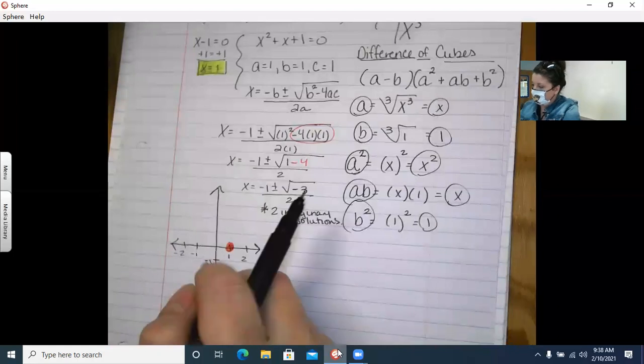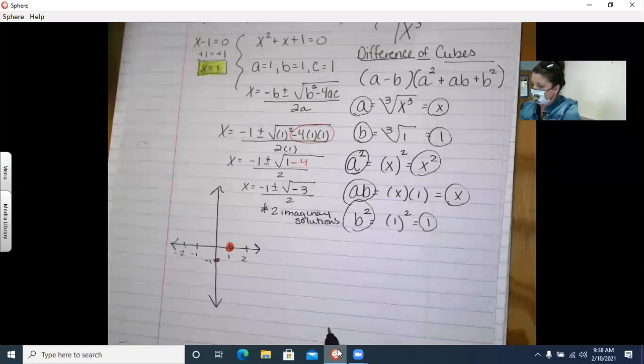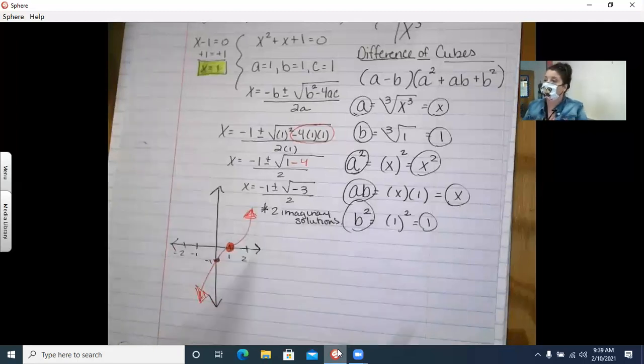And what's my end behavior? So that gives me what? Down and up? So my graph's going to look something like this. Just because you have 2 points, it's not a straight line. A straight line is what happens when you have a linear function. Cubic functions, sum of cubes, difference of cubes are just going to be like that S-curve, okay?